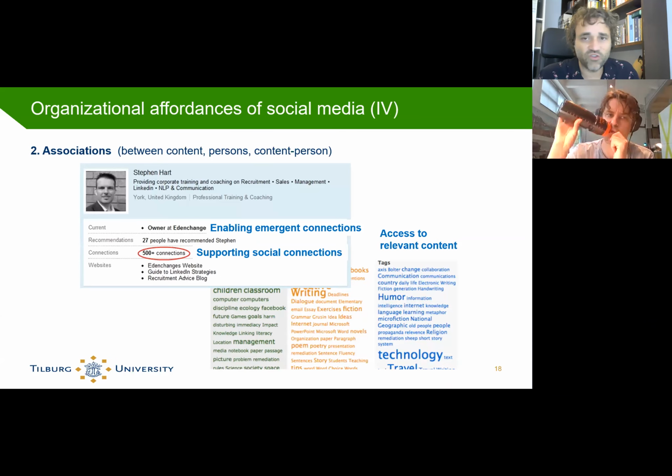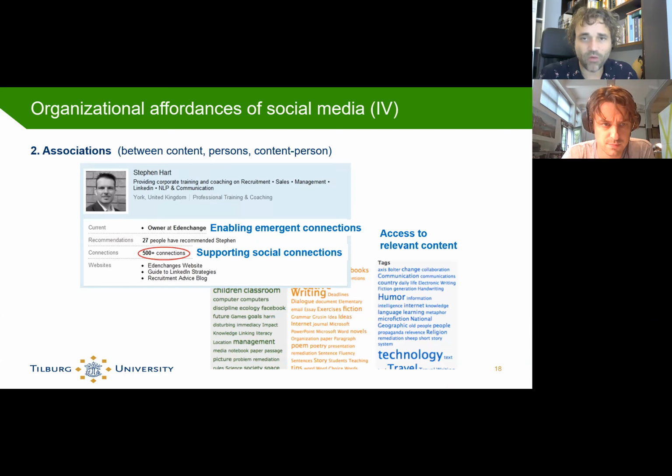So the second one is associations. That's also one of the first things you mentioned at the start of this lecture. Social media is being able to develop, maintain and keep up with a network. All social media allow this.